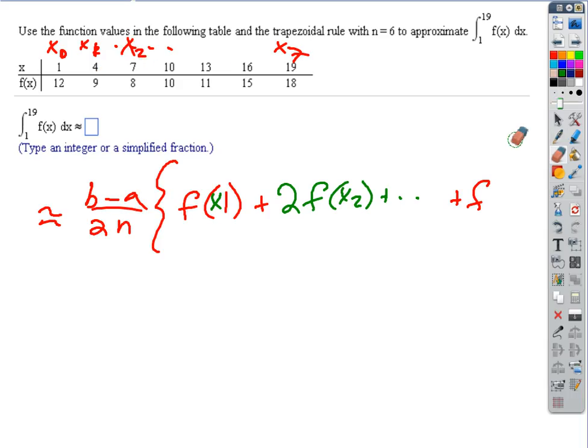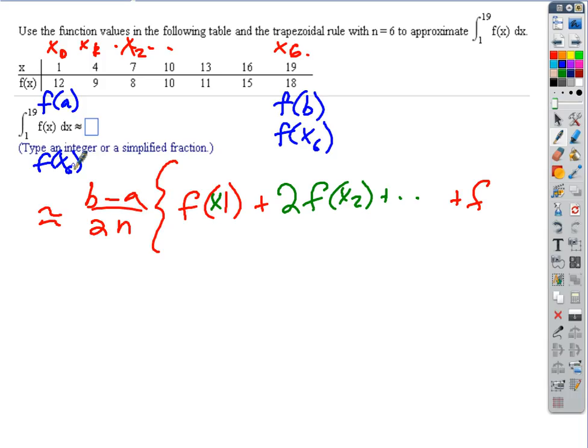So here's f of b, which is the same thing as f of x of 6. Here is f of a, which is the same thing as f of x of 0. And then these are the values of the function that get doubled, the multipliers 1 through 5. That's the interior sum.